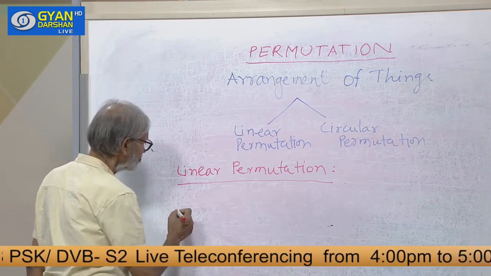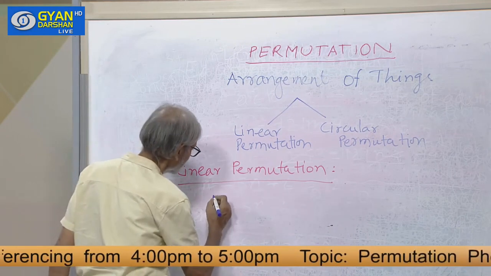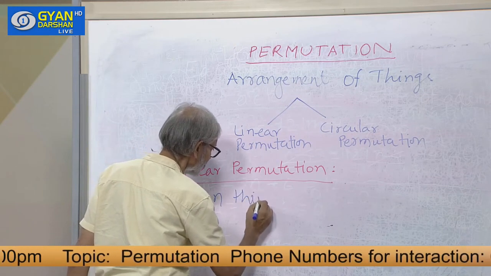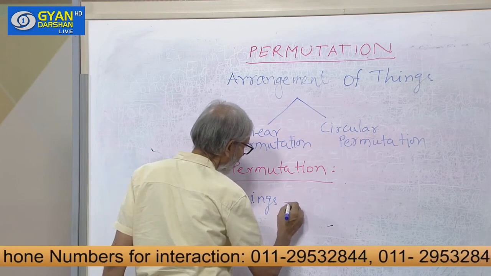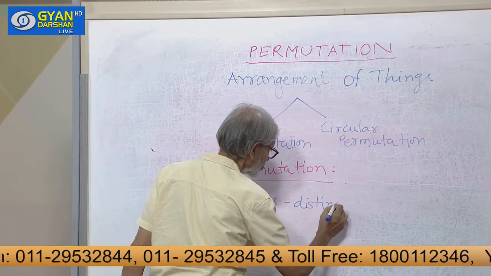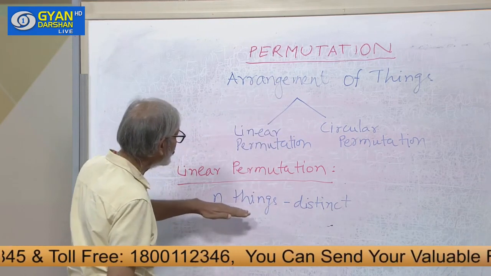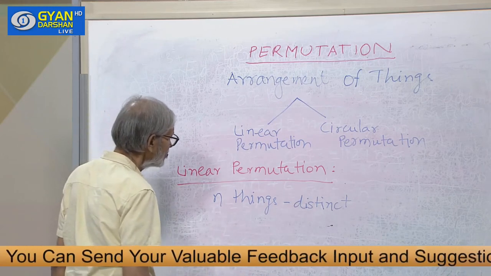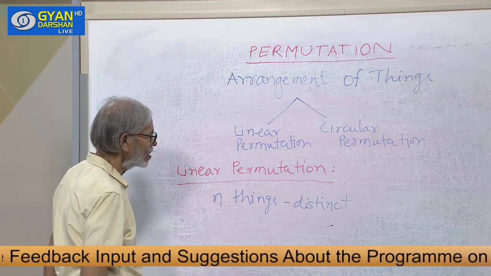Suppose there are n things, and all n things are distinct. Distinct means no two things are the same. Then in how many ways can their arrangements be done?